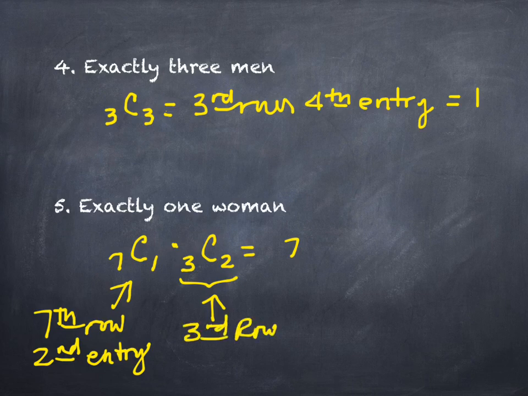And then that's the 3rd entry. And what is the 3rd row 3rd entry? There are 3, and 7 times 3 is 21. I don't know about you, but it's kind of nice to not see factorials all over my screen today. Yeah. Okay? This is just kind of a little bit of a reprieve from that notation.